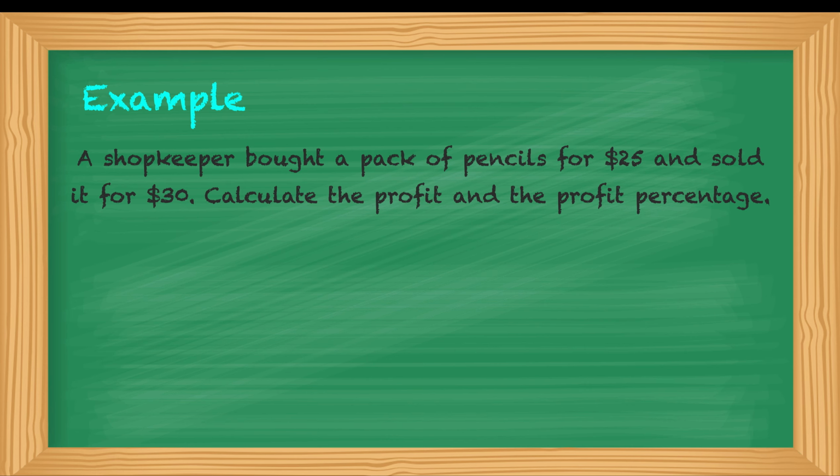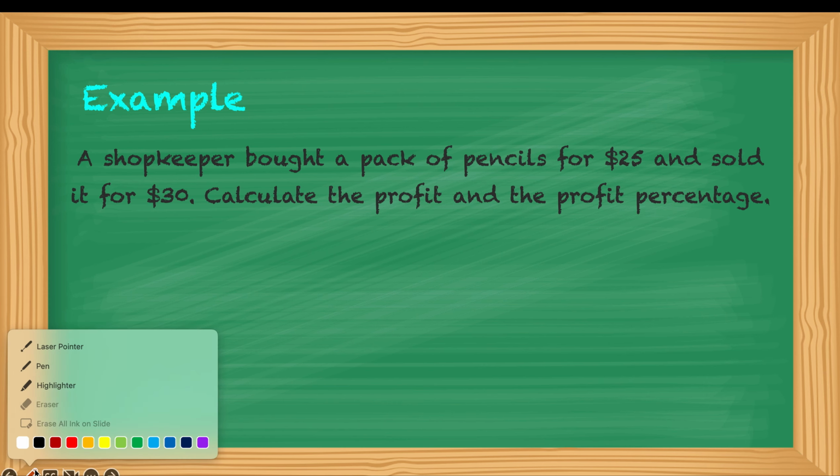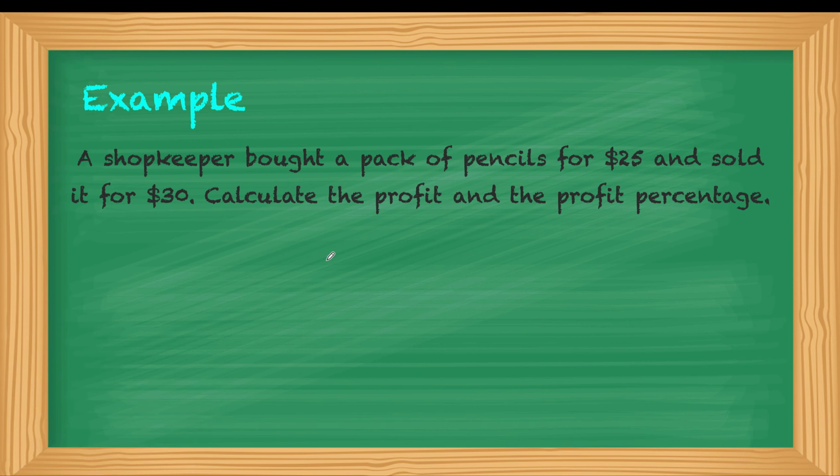Now, we have here a shopkeeper bought a pack of pencils for $25 and sold it for $30. Calculate the profit and the profit percentage. Now, remember, I'm going to put P here for the profit, but remember we discussed earlier that to find the profit, what would we do? Great.